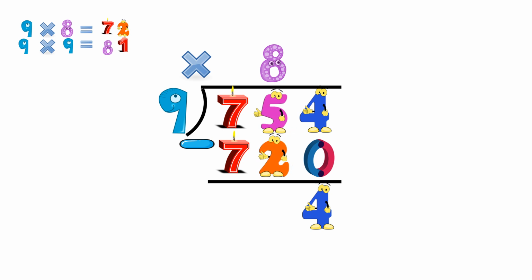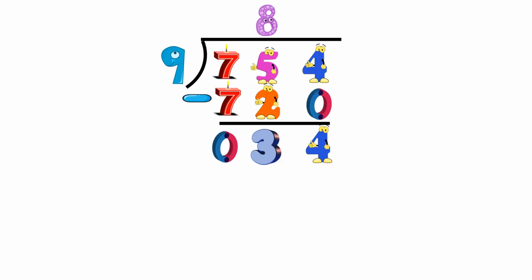And 5 minus 2 is equal to 3 in the tens place. And finally, we subtract the hundreds digits. And the hundreds digits here are 7 and 7. And 7 minus 7 is equal to 0. So here the answer is 34.